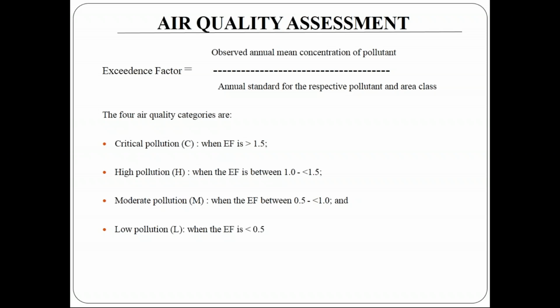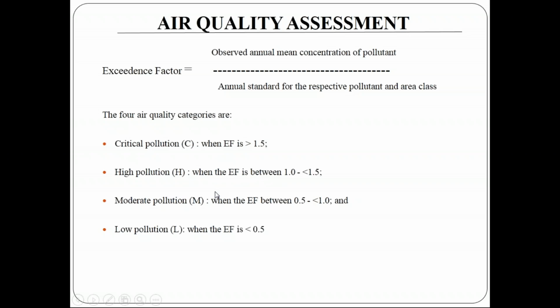Like if you are going for PM, then you can put 100, whatever you have. And if you are going for SOx, NOx, as per respective, you have to put. After calculating, we divide the same unit by the unit, that means there is no unit. So this is the ratio only.